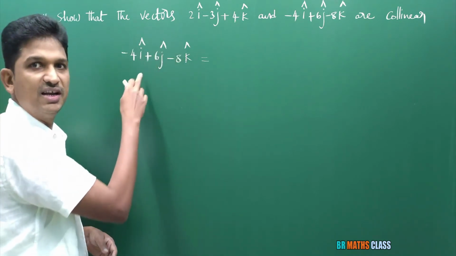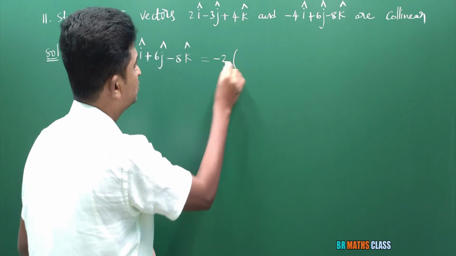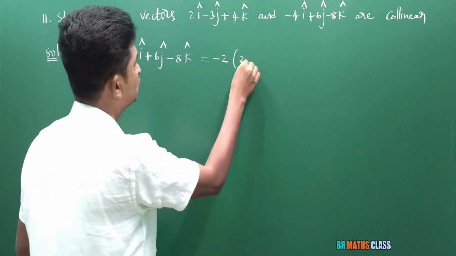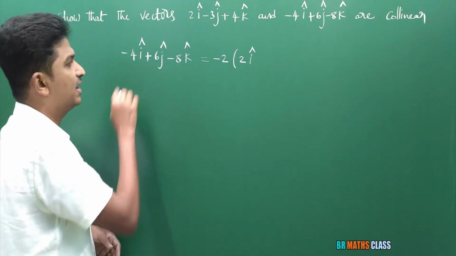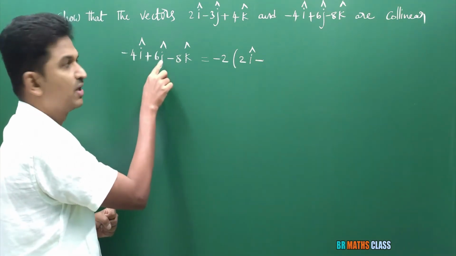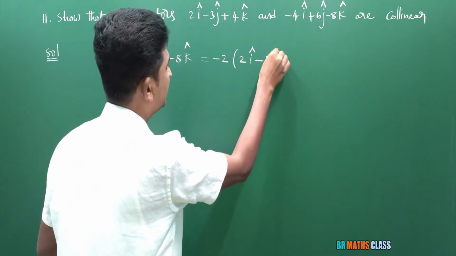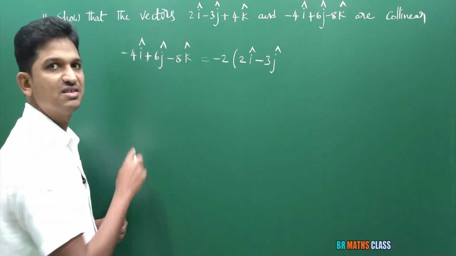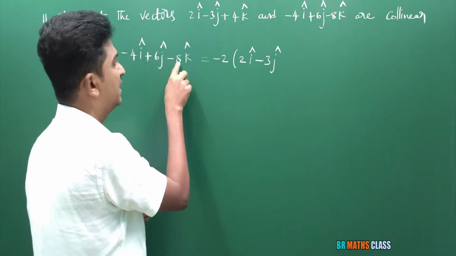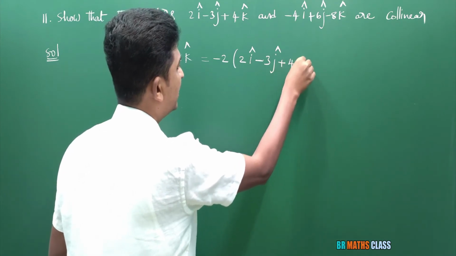In this vector, I'll take minus 2 common. Minus 2 if you take common, this is 2 i cap, because when you multiply these two you will get minus 4 i cap. Here plus 6 is there, as you take minus common, this will become minus 3j cap, so minus 2 into minus 3j gives plus 6j cap. Here minus 8 is there, so to get that, I'll write plus 4k cap.